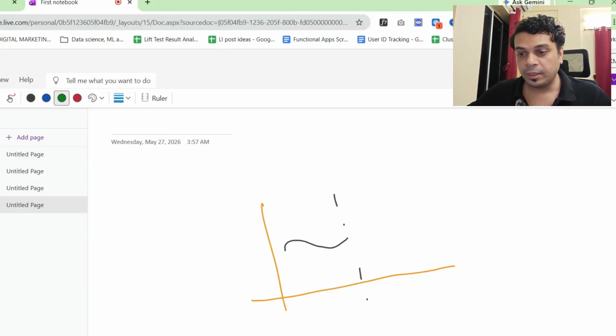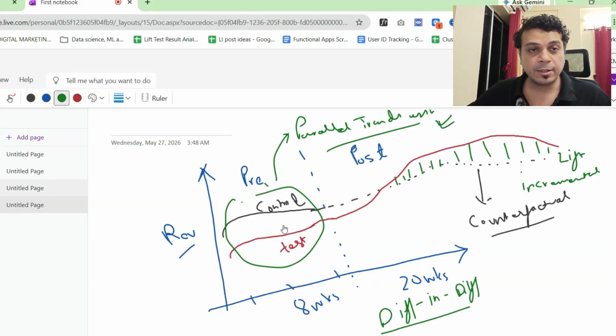Or let's say that this was control, and let's say this was test. They don't have to overlap like that. That's not the point. So this is also following a parallel trends assumption, but this is also the case where the levels are the same, but you don't need that. That's not a requirement. The requirement is that they're parallel. So instead of this, you would need it to be something like this, right? That's what you would need it to be.